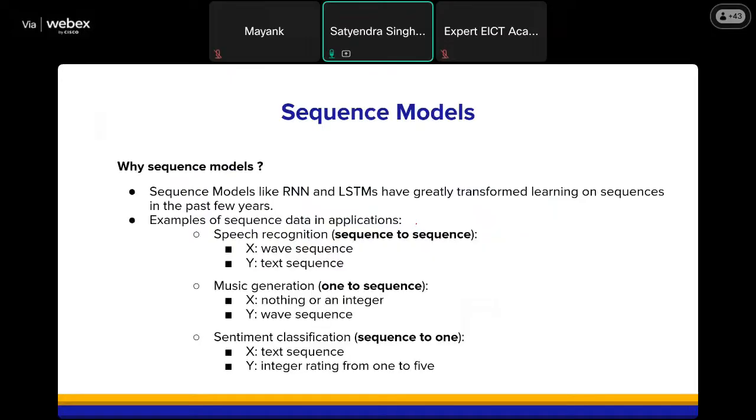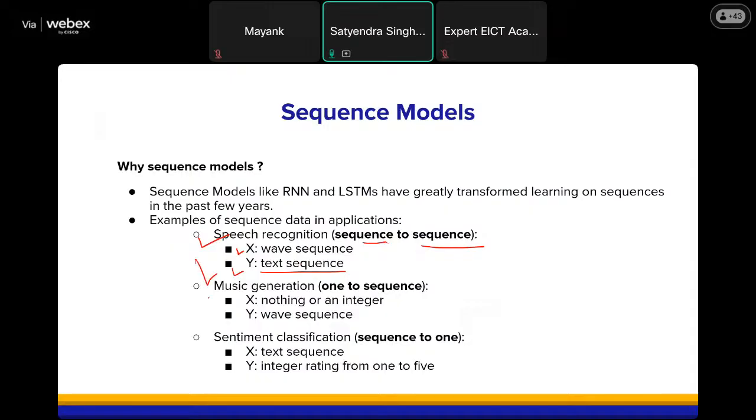When we say sequence models, what type of sequence data is there? There are various examples, for example speech recognition, where you have an audio wave as an input and the output is the text sequence, right? So speech recognition is a sequence to sequence application.